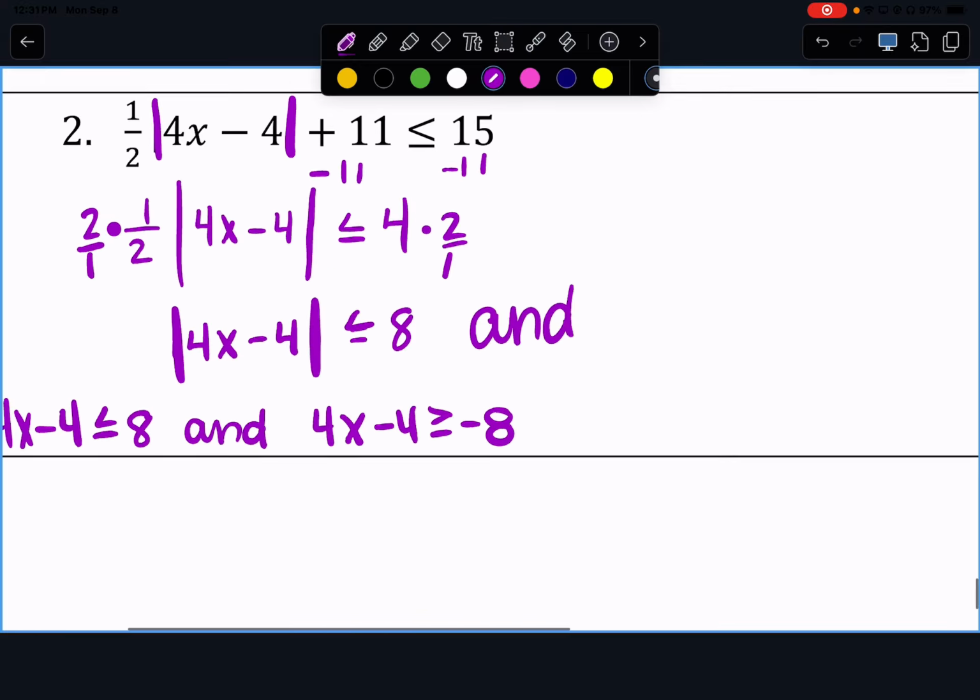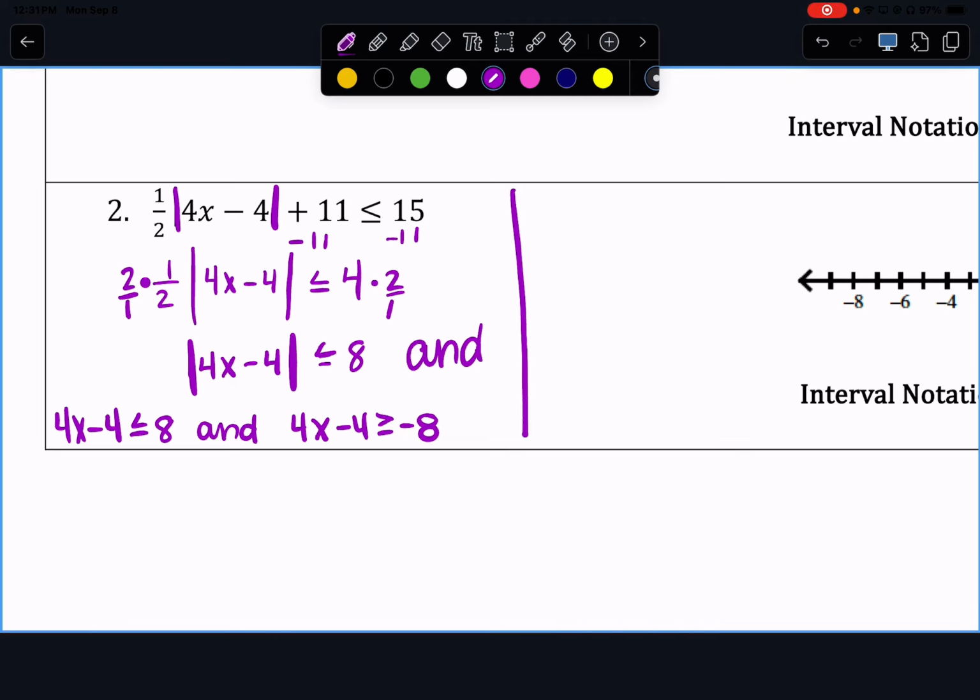And if you choose to set it up the other way, which is fine, that would be -8 is less than or equal to 4x minus 4 less than or equal to 8. And so I want y'all to solve both of those and graph them for me.